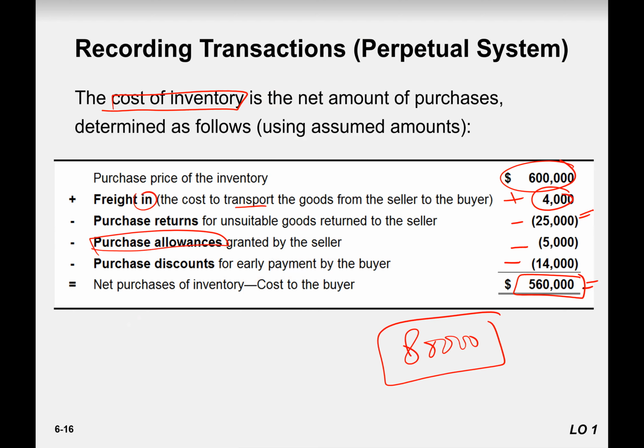If paid by the seller, then we don't include it here. Understand? So when we talk about a business purchasing goods worth 80,000, the background calculations are like this, unless the question specifically says the company purchased 80,000 worth of goods from the supplier and paid 10,000 freight in and returned 5,000 worth of goods.